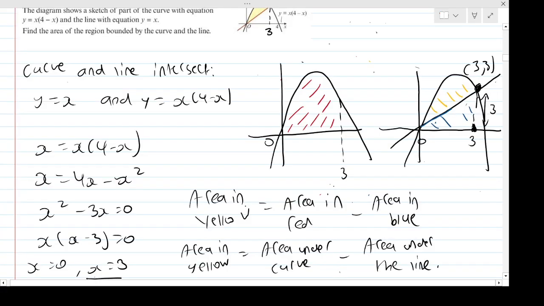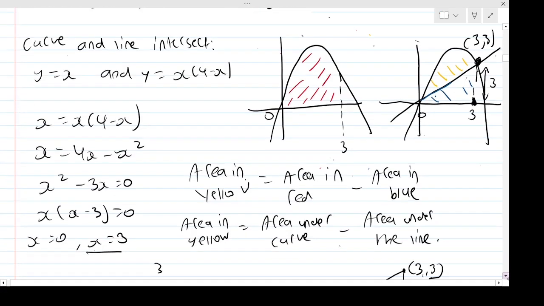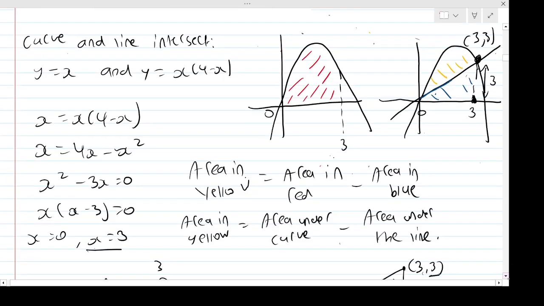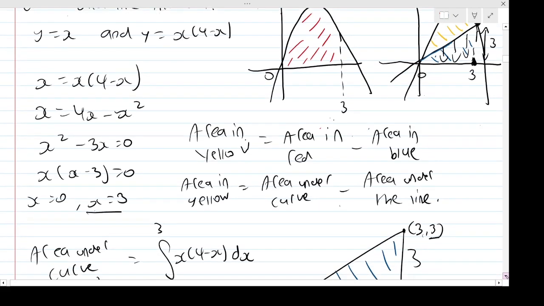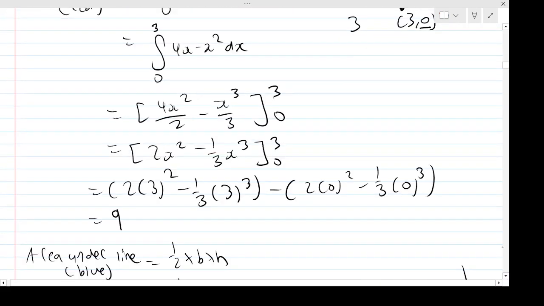So alternatively, what we could have done is simply, because the blue area is underneath the line, we could have integrated the line between 0 and 3. The line was just y is equal to x, so it'd be the integral of x dx, right?